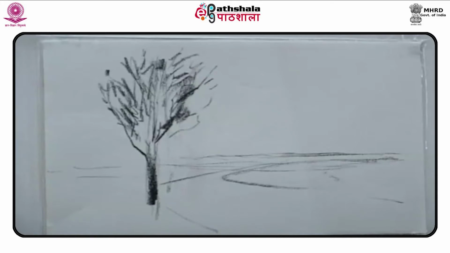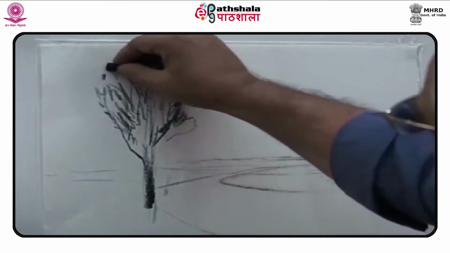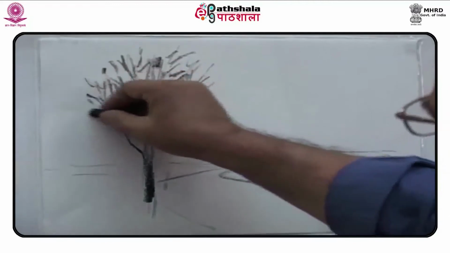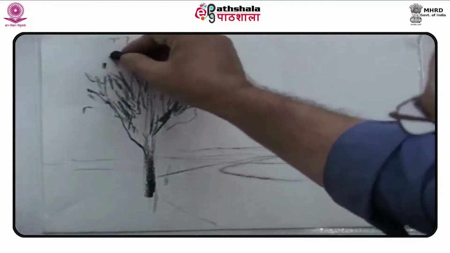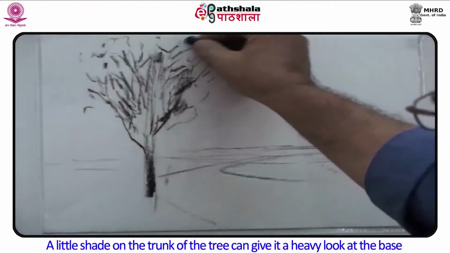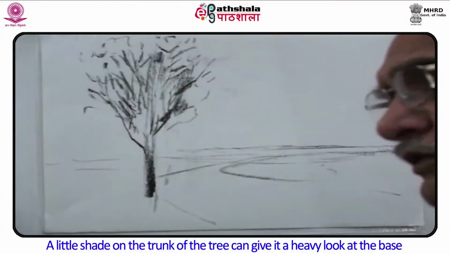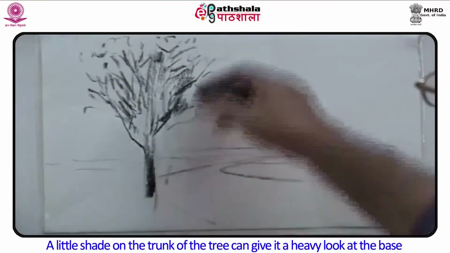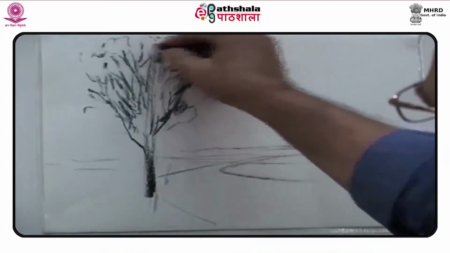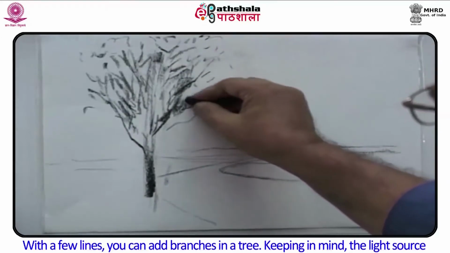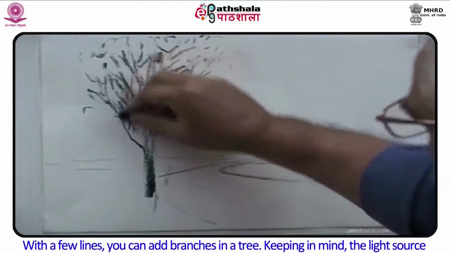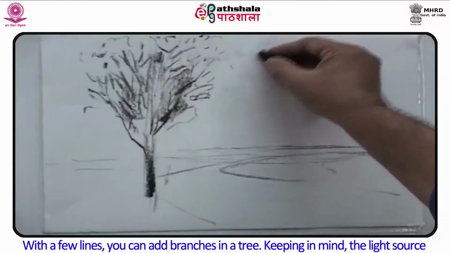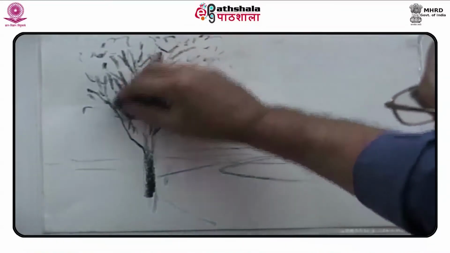These strokes can be haphazard. No coordination is required to give an impression of the foliage. A little shade on the trunk of the tree can give it a heavy look at the base. With a few lines, you can add branches in a tree, keeping in mind the light source.